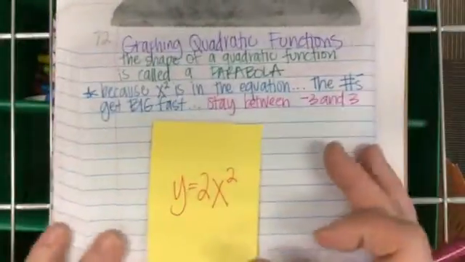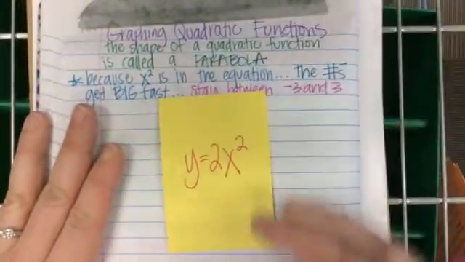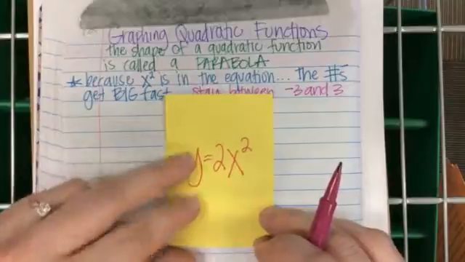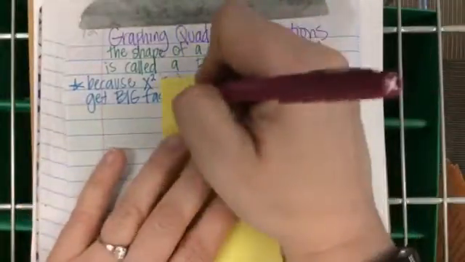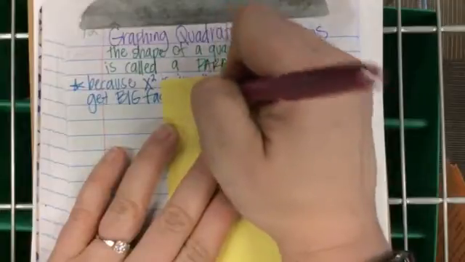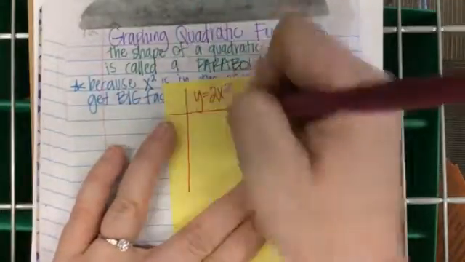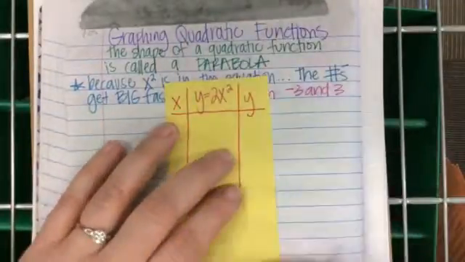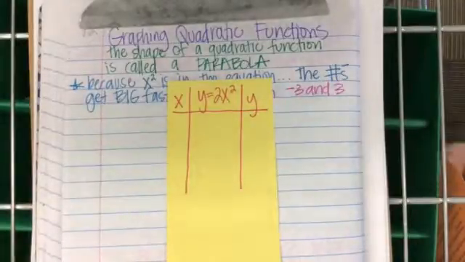And here's my quadratic function: y equals 2x squared. We open it up. Y equals 2x squared.